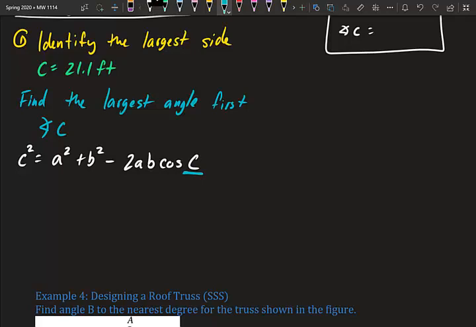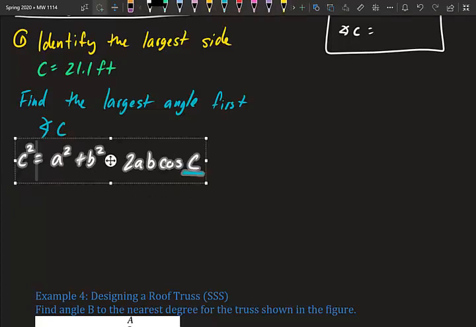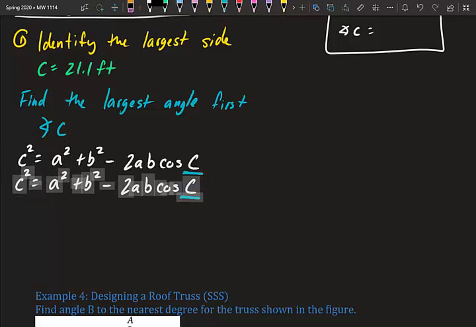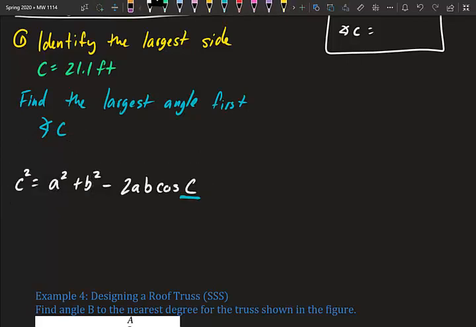So now we need to isolate... my bad. That was our second step. Our second step was to figure out what formula to use.